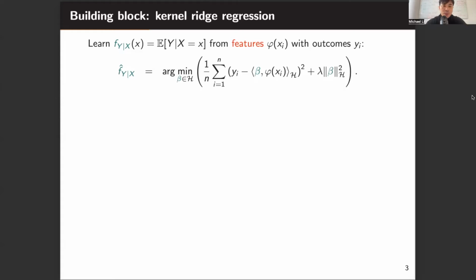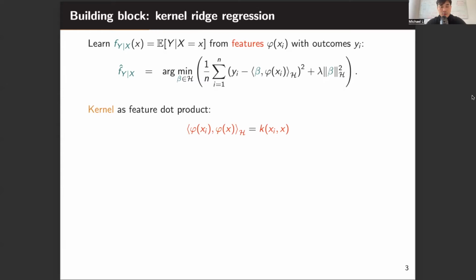Since we assume beta lies in the RKHS, which is potentially infinite dimensional, you might wonder whether we need an explicit form of our feature map phi so that we can evaluate this inner product. But it turns out this can be completely avoided once we use the kernel as feature dot product. The inner product between any phi(x_i) and phi(x) is nothing but the kernel evaluated at the points x_i and x.